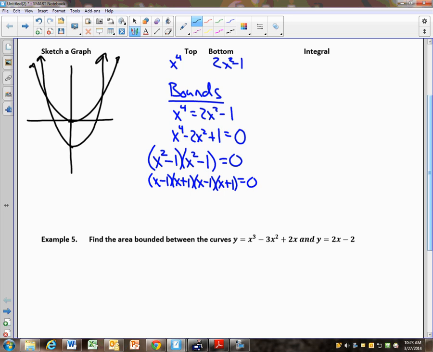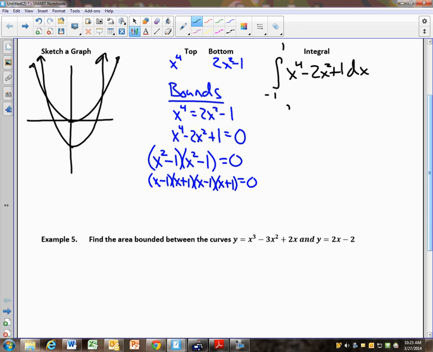So watch this trick. You can set this up as the integral from -1 to 1 of the top function, which is x to the fourth, minus the bottom function, which would be 2x squared minus 1, dx. Or you could slice it in half.